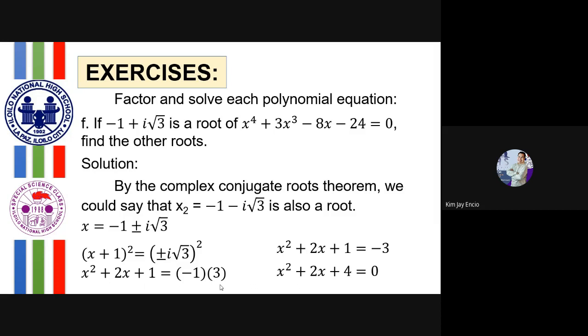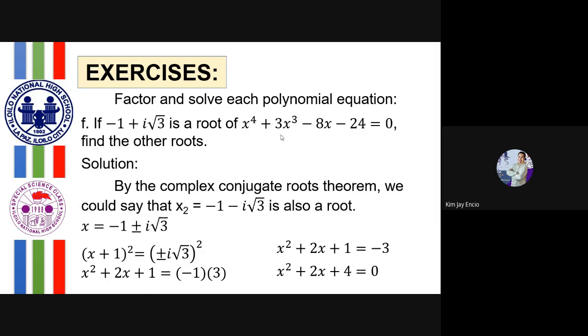All right? But again, guys, it's not yet the final answer. Remember that since negative 1 plus minus i square root of 3 are roots, it follows that the quadratic polynomial having these two roots should be a factor of x to the fourth plus 3x cubed minus 8x minus 24.